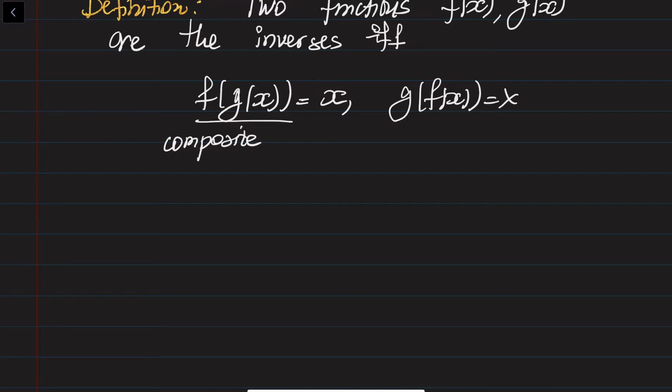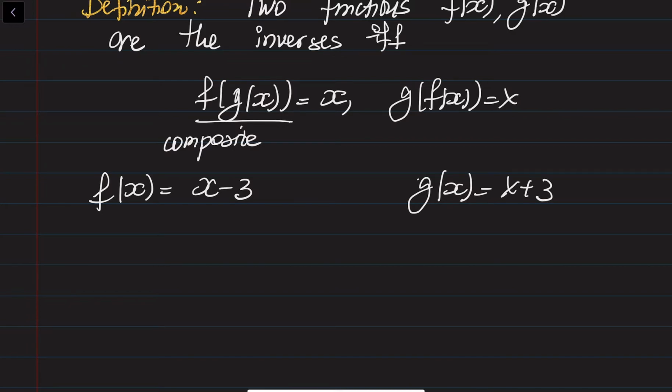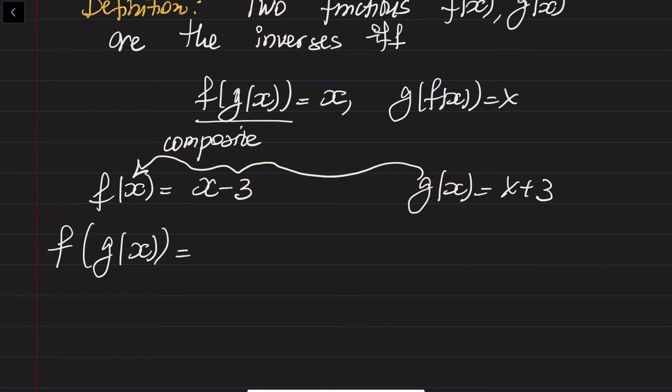So we can check this on our previous example. So let's say I've got f of x, and it was x minus 3, and g of x is x plus 3. If you would just substitute the g of x here instead of x, what do you get? So f of g of x. So what you need to do is look at this g of x as a symbol, right?